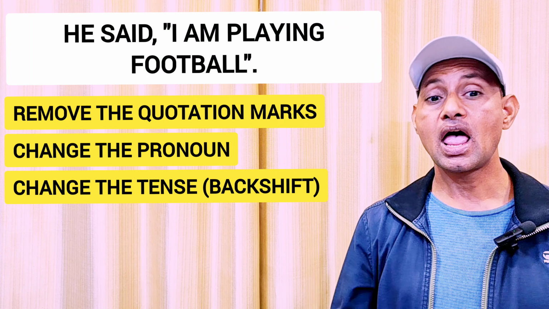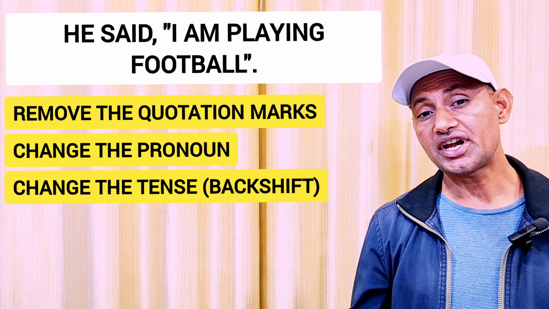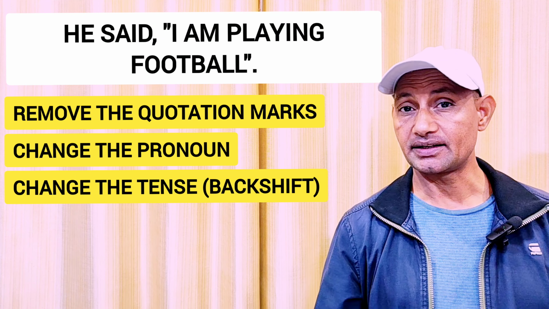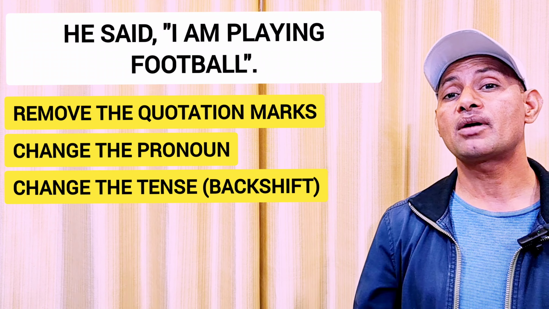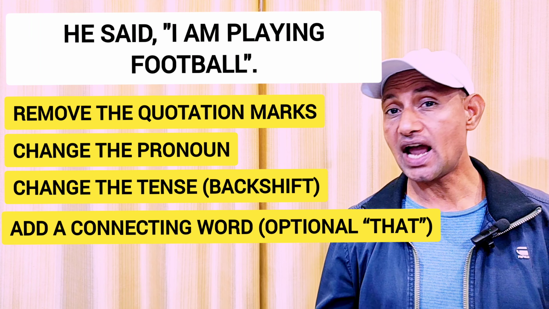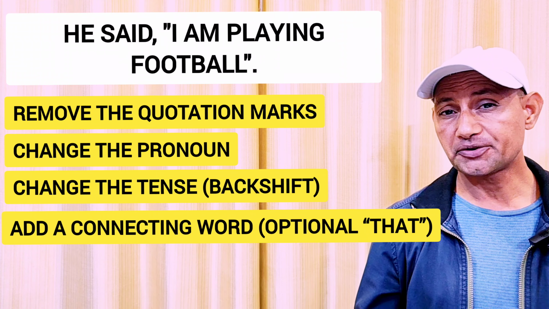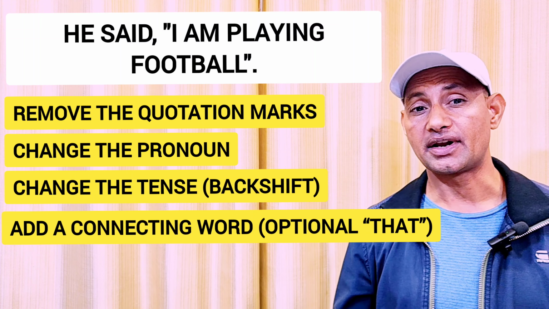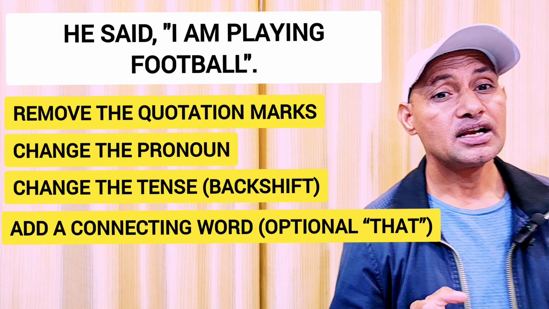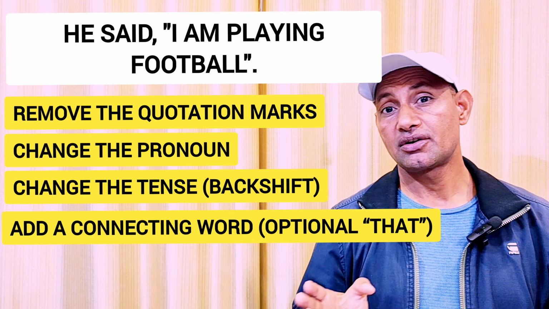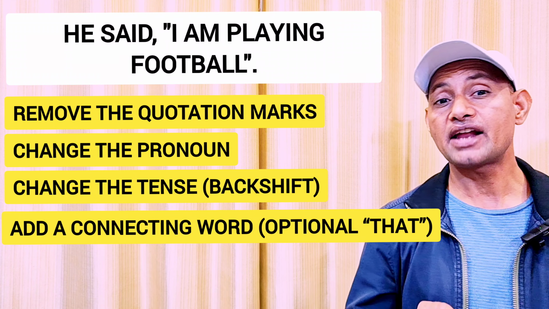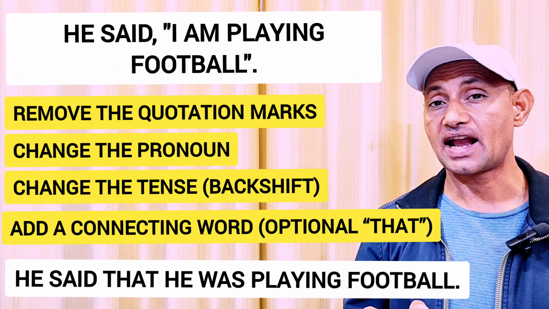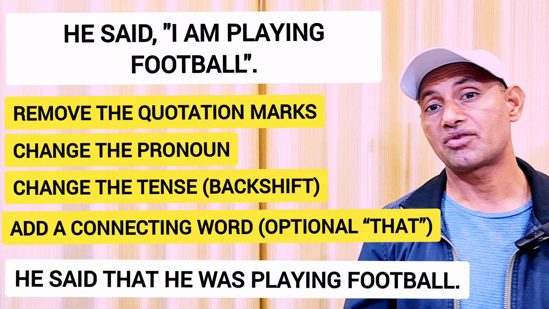For example, "am playing" will change to "was playing." And step number 4, add "that." That is optional but common. The final indirect speech of the sentence will be: He said that he was playing football.